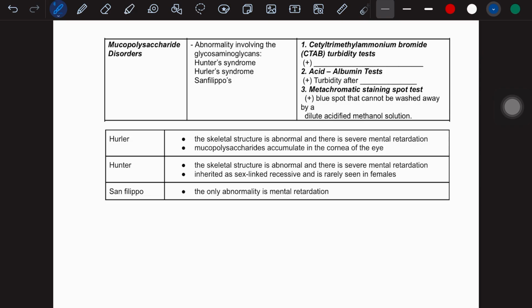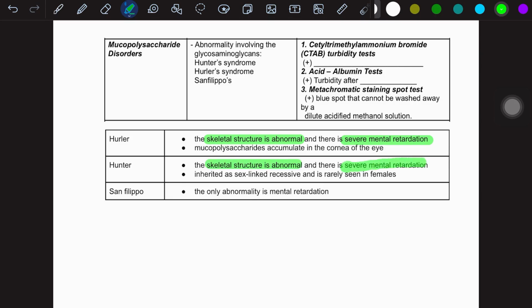In here, you can write this table in a space in your notes or in your compilation manuals. For your Hurler and Hunter, the skeletal structure is abnormal and there is severe mental retardation.